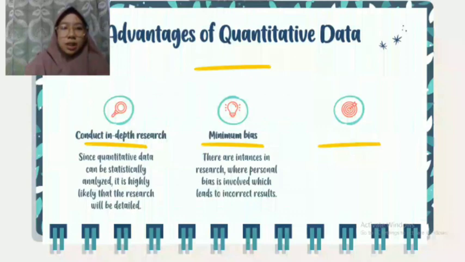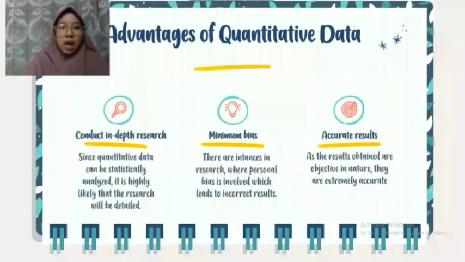There are instances in research where personal bias is involved, which leads to incorrect results. Due to the numerical nature of quantitative data, the personal bias is reduced to a great extent. Accurate result. As the results obtained are objective in nature, they are extremely accurate.